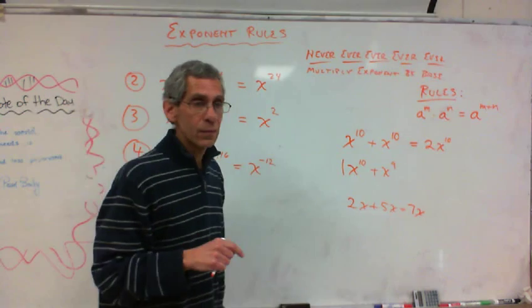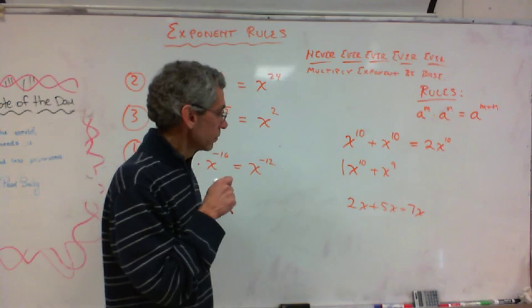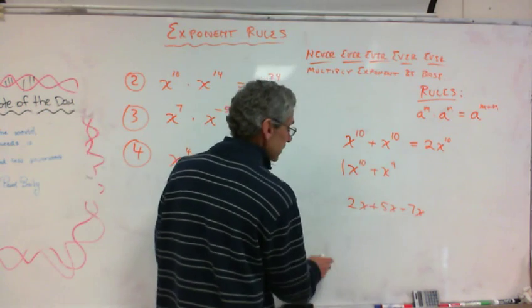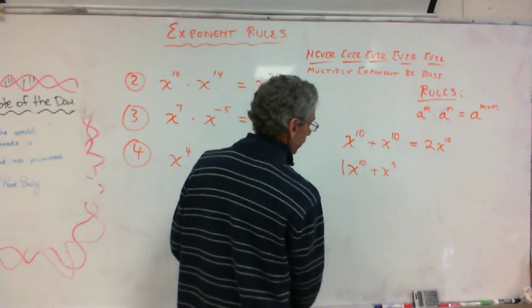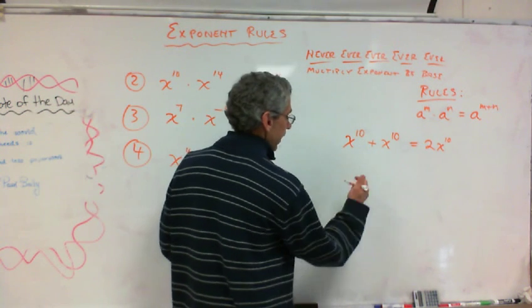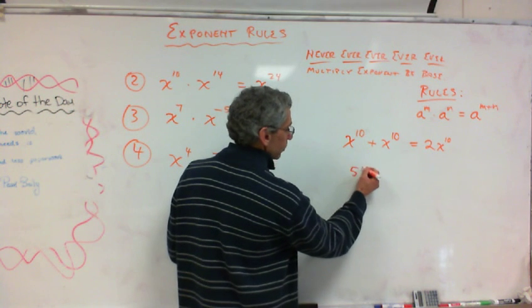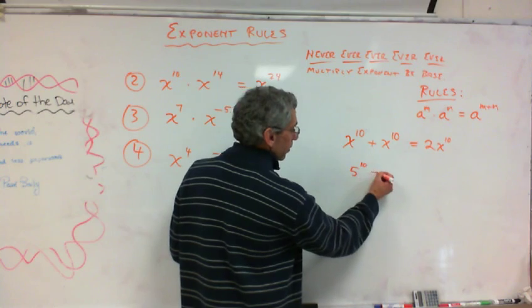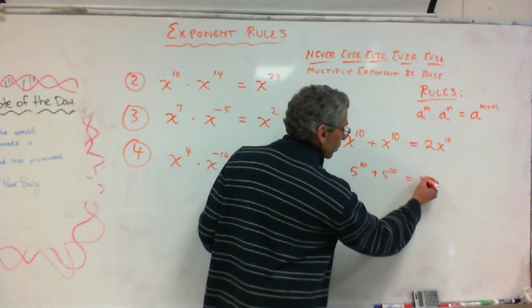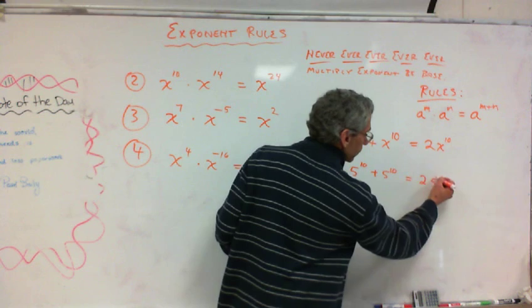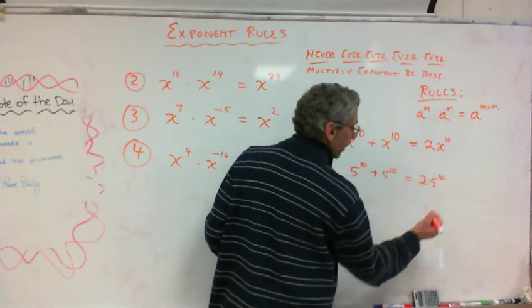That was part of my question, but also, what if the x was a number? It's the same thing. If I had 5 to the 10th power plus 5 to the 10th power, that would equal 2 times 5 to the 10th power.